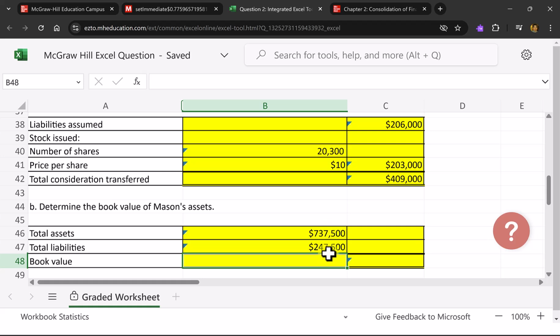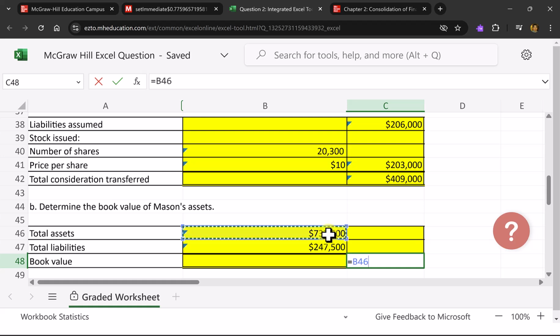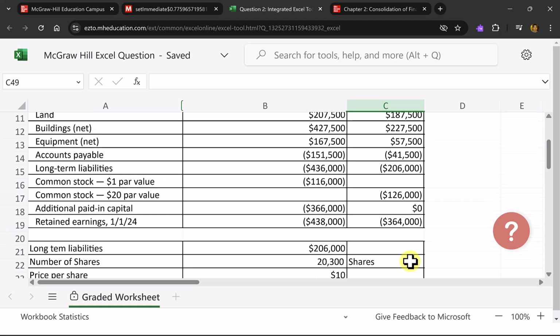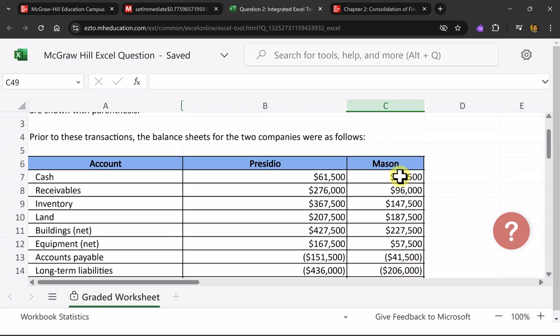Now I take the difference here. Let's see. Equal assets minus, need to get a minus in there, minus liabilities, and I enter. And let's see if we can double check this 490,000 by adding up all of the book values here.